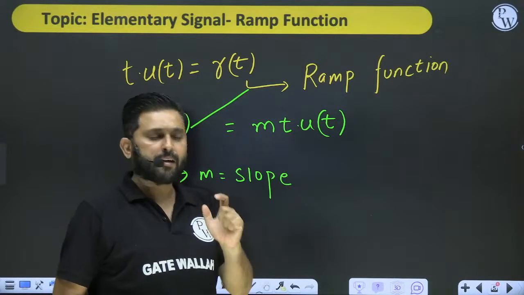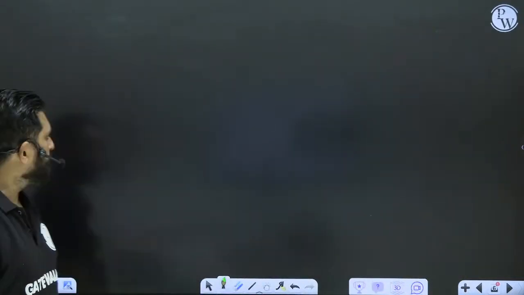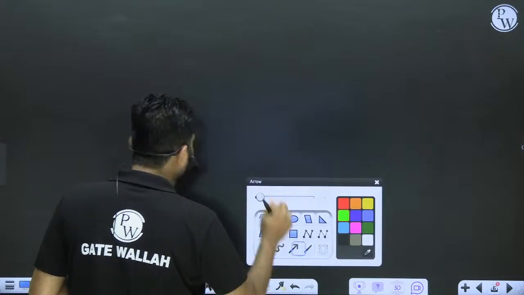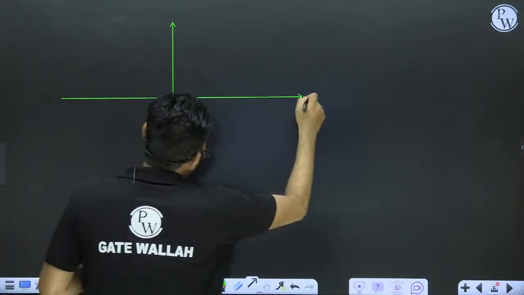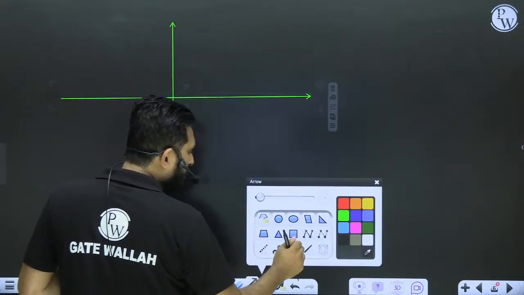Let's understand what we mean by the word slope. See, the slope in a very simple sense is this one.